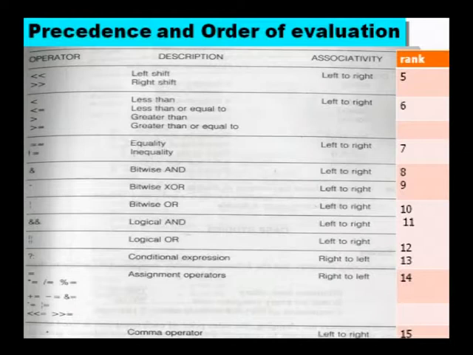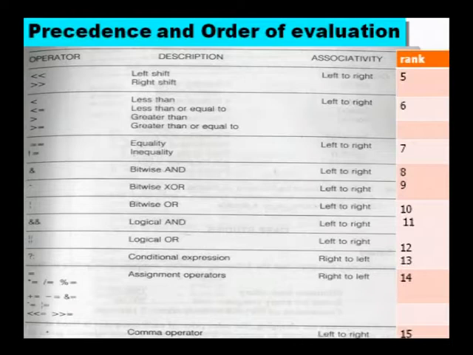Next you have the other set of operators, left shift and right shift. They are bitwise operators, as you have seen. Associativity is left to right, and the rank is 5th. 4th was addition and subtraction, and this is the 5th rank.